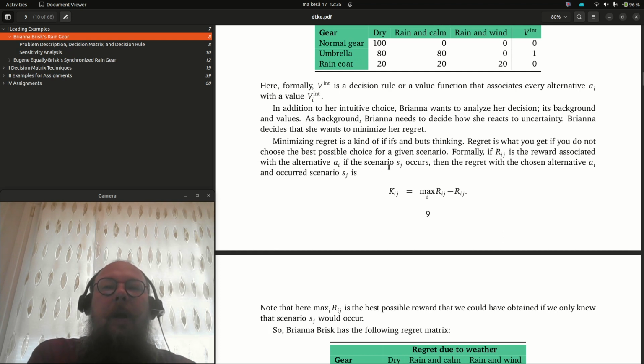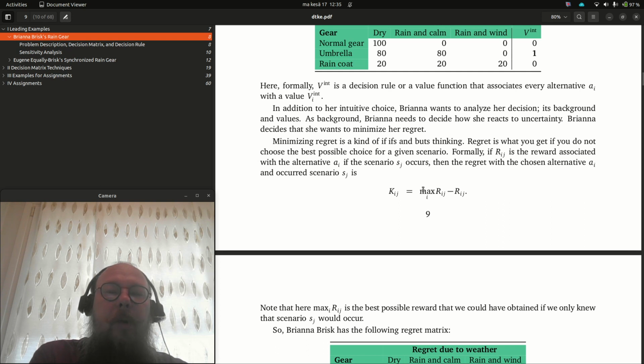And formally, how do you calculate the regret? So if Rij is the reward associated with alternative Ai, if the scenario Sj occurs, then the regret with the chosen alternative Ai and occurred scenario Sj is Kij, which is I take the maximum of Rij, where I take maximum over all i, so all actions or all alternatives.